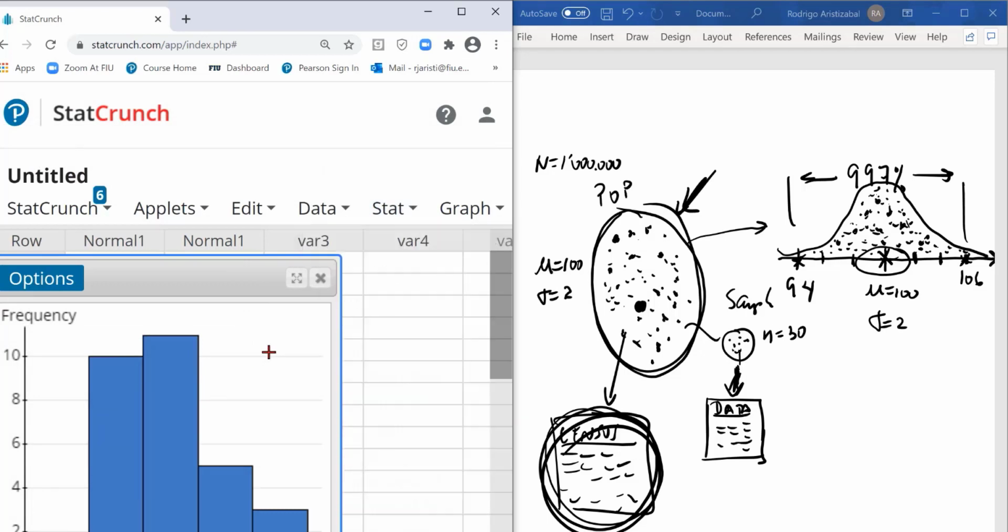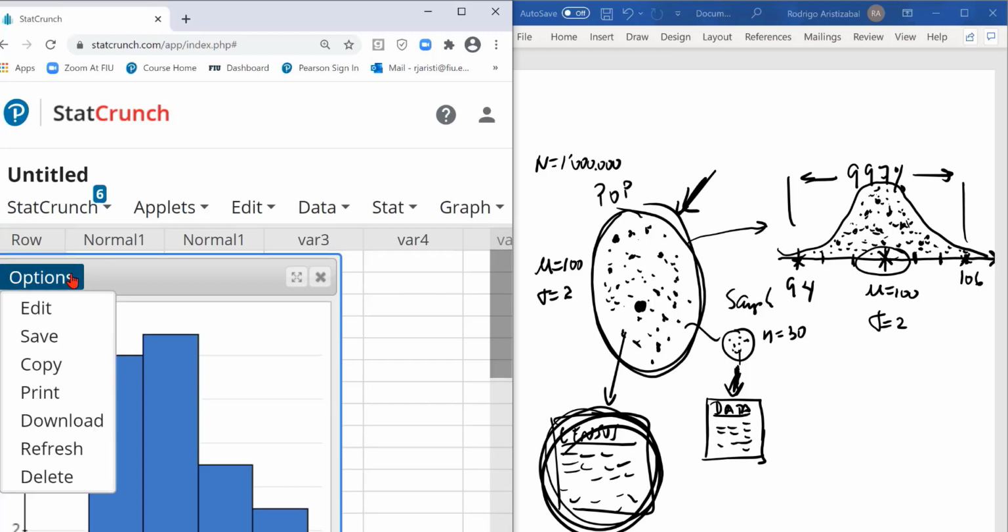Then in the histogram, you can observe that we have one item with a measurement between 96 and 98. Between 104 and 106, we have 3 items: 1, 2, 3. Can you see? 3 items. Then the class with the highest number of observations is the class between 100 and 102. We have 11 observations in this class.